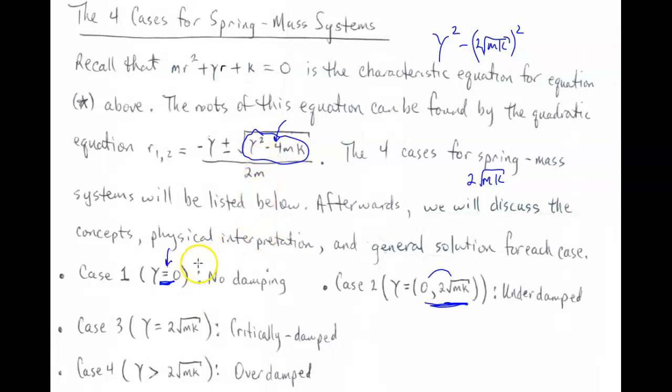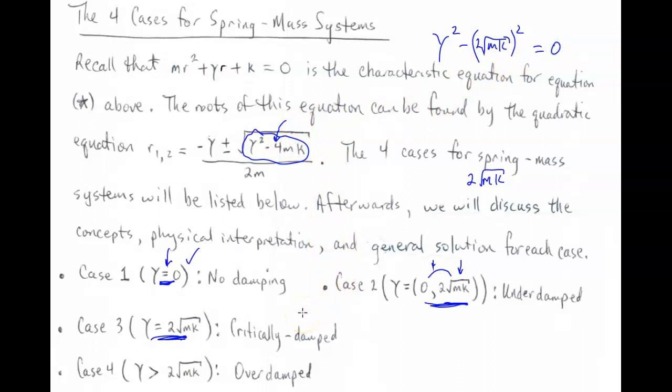And so what we're going to see is that this is the extreme case for no damping. As we move closer and closer to this value of 2 times the square root of mk for gamma, there's going to be damping, or decaying, of our oscillations for values in here, up until we get to this point. Case 3 is a case where our discriminant equals 0.